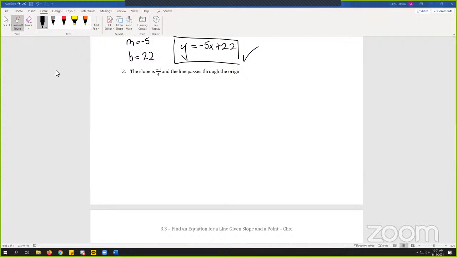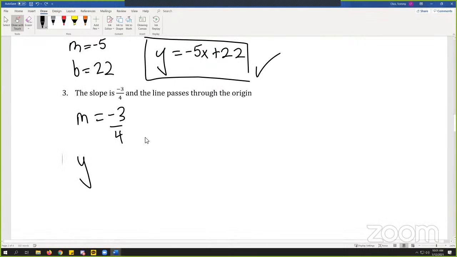So number 3, it says the slope is -3/4. So we plug that into our formula first. I should zoom in because I'm writing way too big. So plugging it in, I should get y = -3/4x plus b.